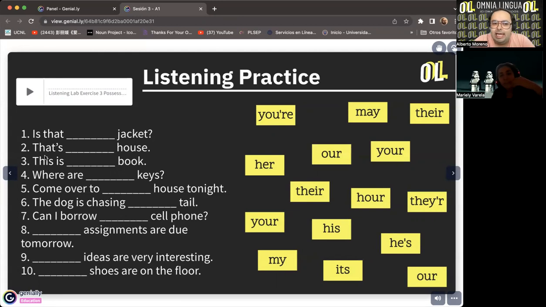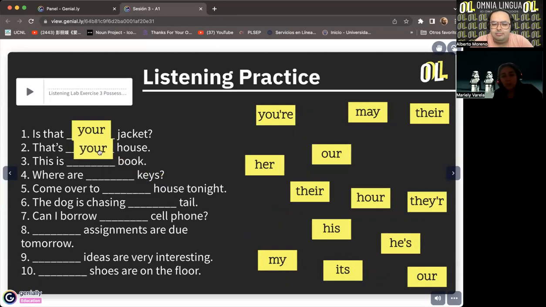So the first one, is that jacket, which is the right answer? Your. Is that your jacket? That's house. That's your house. Okay. This is book. This is her book.